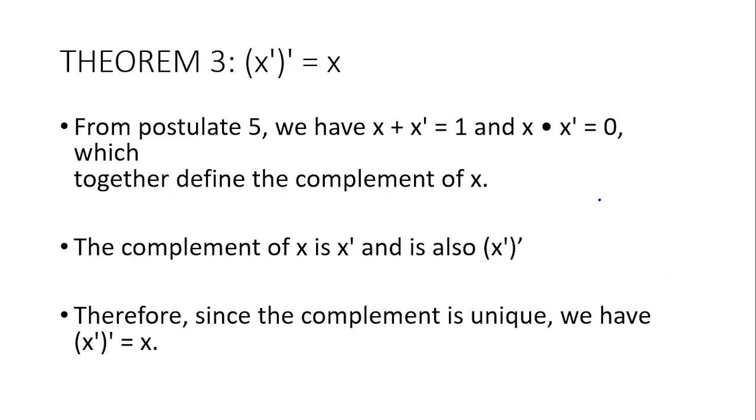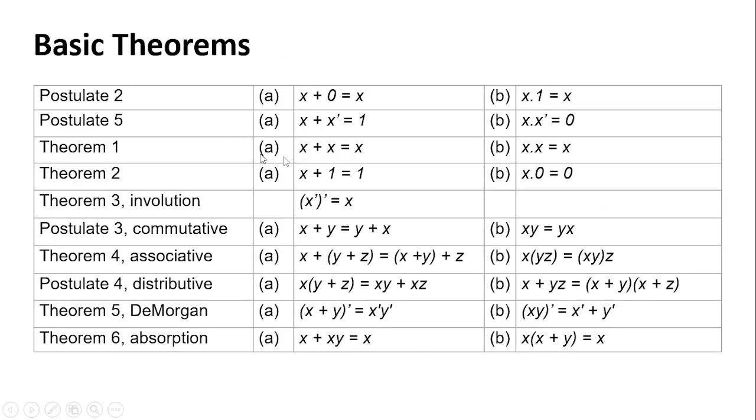So let's start with the x bar. If you look at the theorem over here, x dot x bar is equal to 0, x plus x bar is equal to 1.